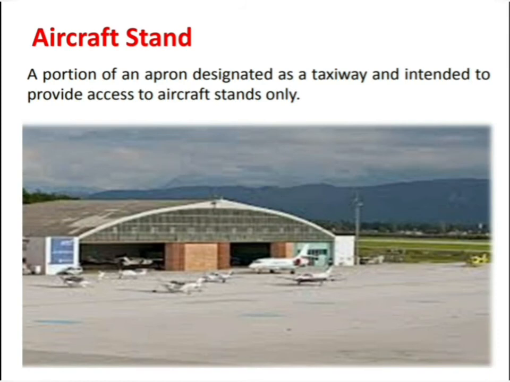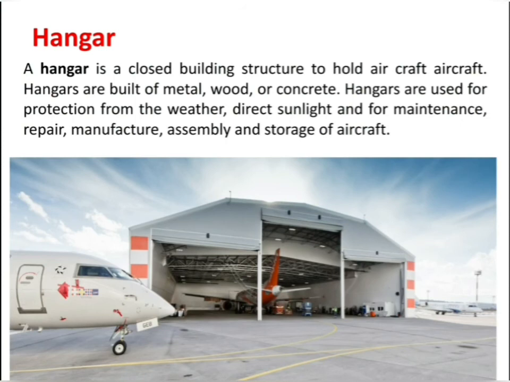Next component is the aircraft stand. It is a portion of an apron designated as a taxiway and intended to provide access to the aircraft stand only. Next one is the hangar. Hangar is a most important component of the airport, provided to give service or repair activities to the aircraft. A hangar is a closed building structure to hold aircraft.